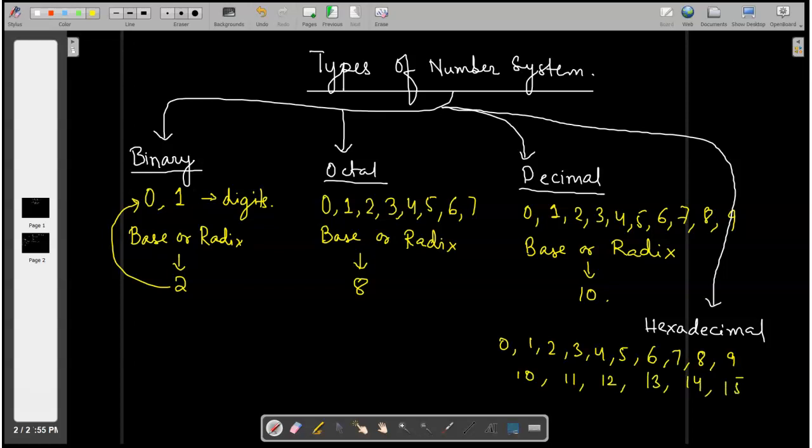But actually these numbers are not represented as numbers in a hexadecimal number system.